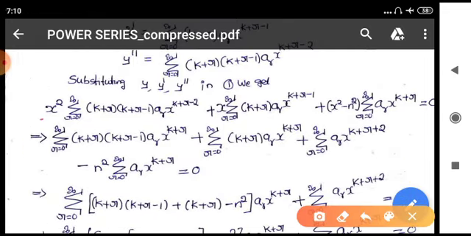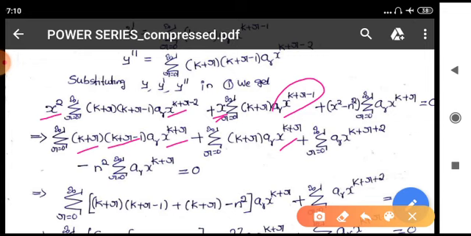I will take this x square here: x square into x power k plus r minus 2 becomes x power k plus r. So the first term becomes summation r from 0 to infinity (k plus r) (k plus r minus 1) ar x power k plus r, plus second term, you can observe here, x into x power k plus r minus 1 is nothing but x power k plus r.